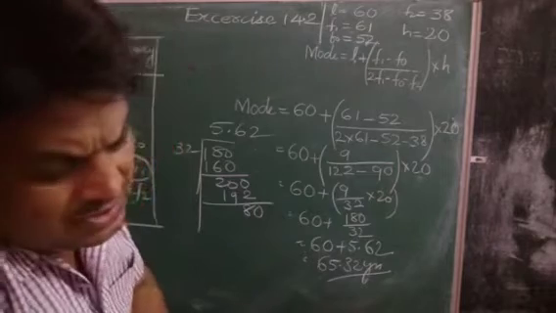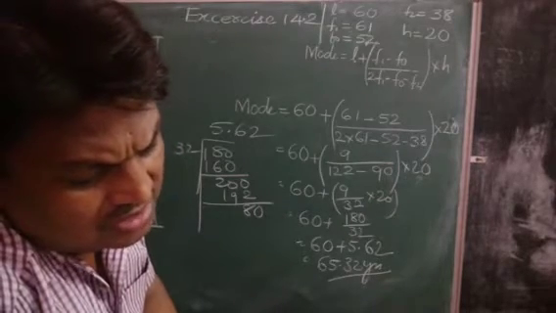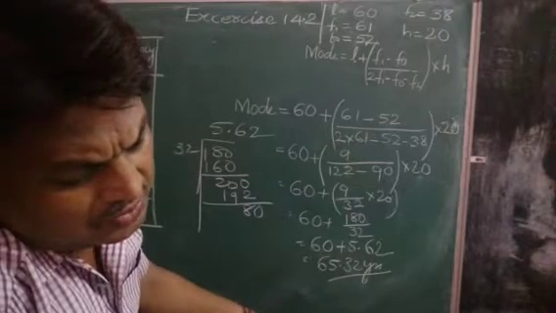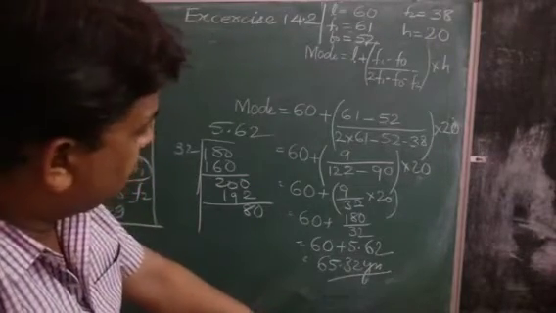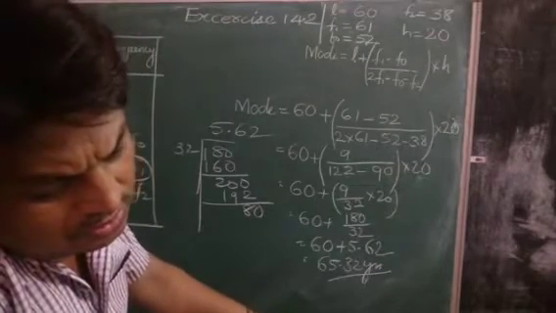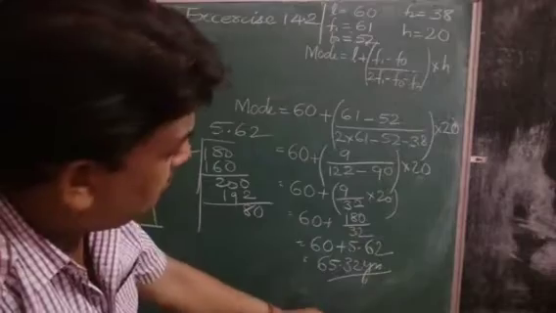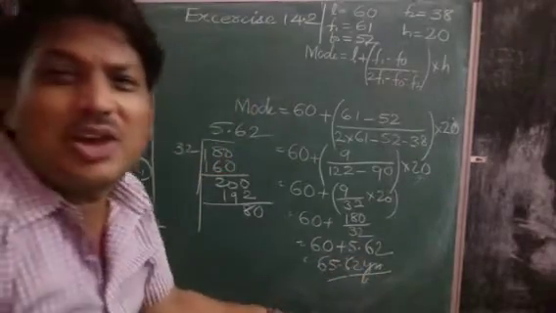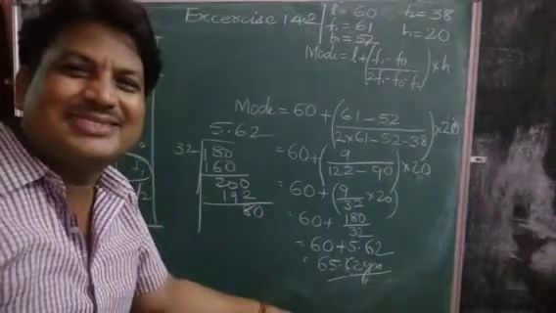Okay, children. Somewhat answer 60 plus 9 upon 32 into 20, 5.62. Oh, sorry, 65.62, children. Okay, children.